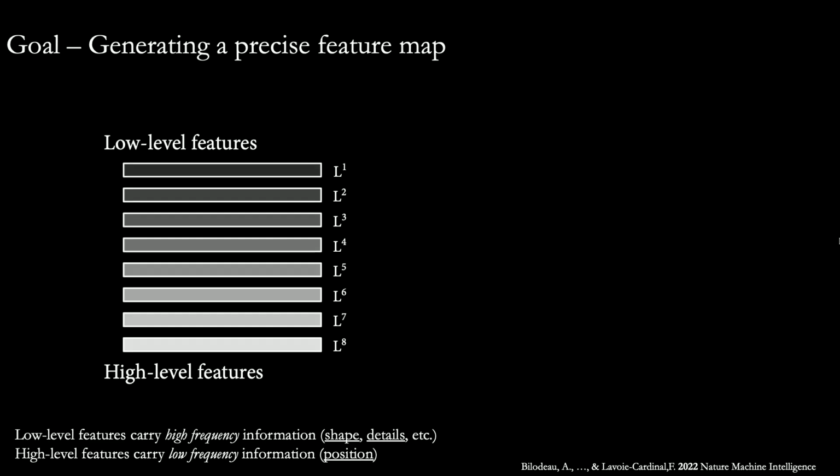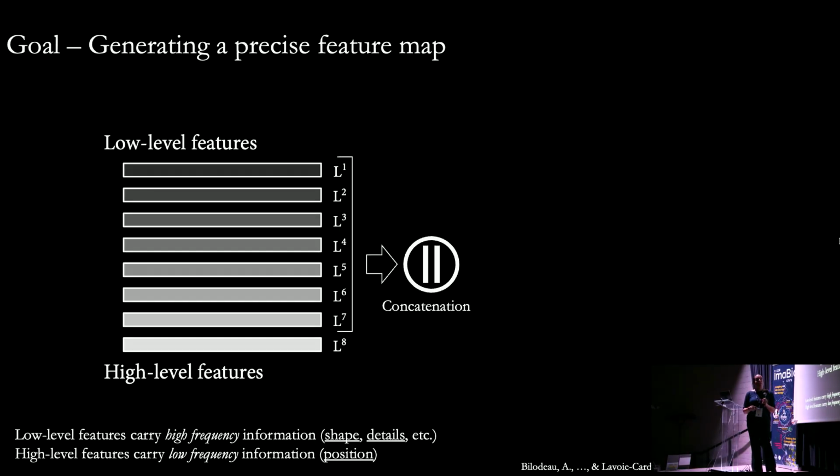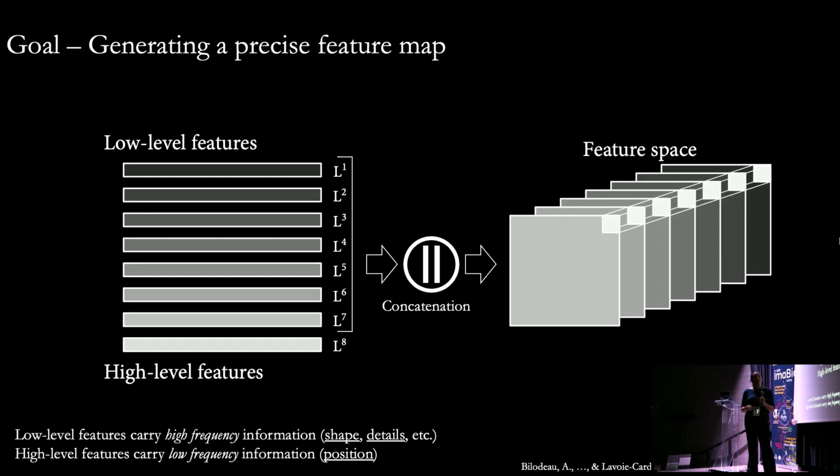So that's what we wanted to leverage: that we can detect high-level features at the end for the GradCam of the last layers and low-level features at the beginning of the network. So we concatenate the GradCams to create a feature space, and then we need to combine this feature space to get our segmentation map.